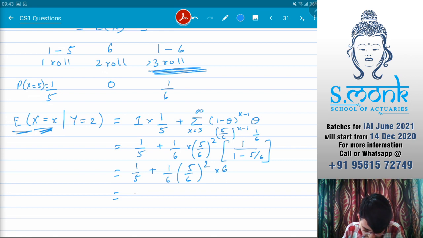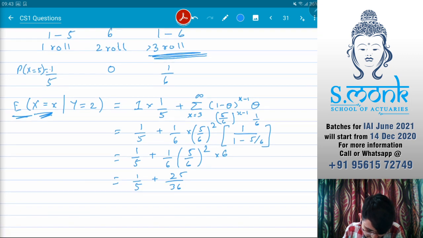I think this is how we'll have to solve it. And 1 by 5 plus 25 by 36. Maybe not, I'm not sure.